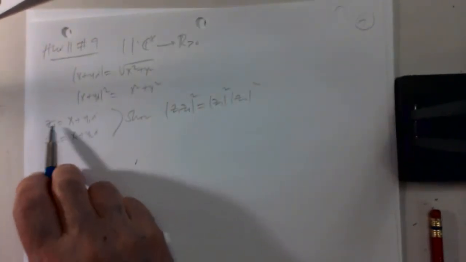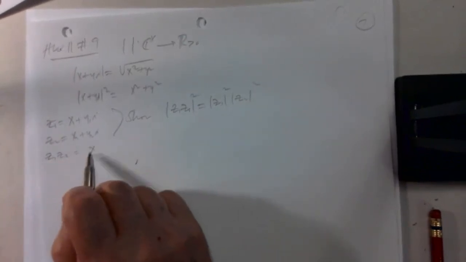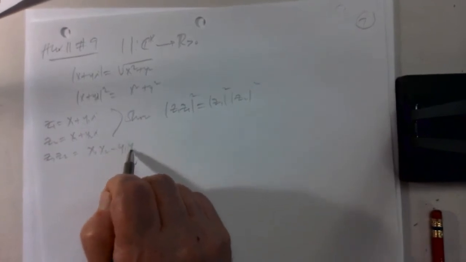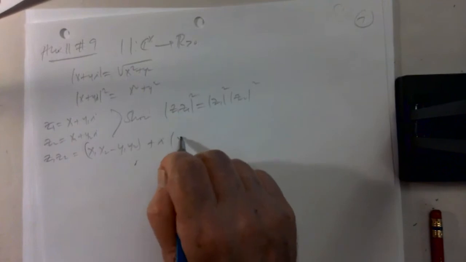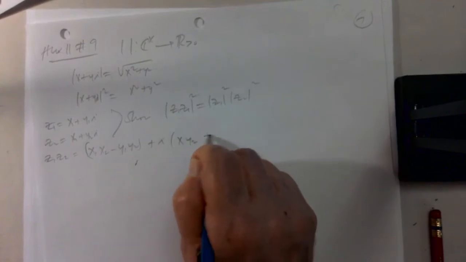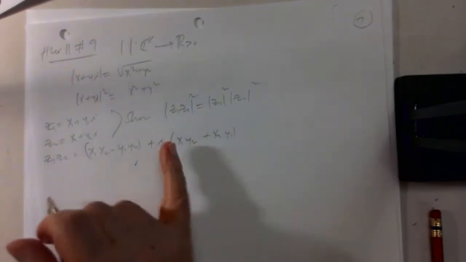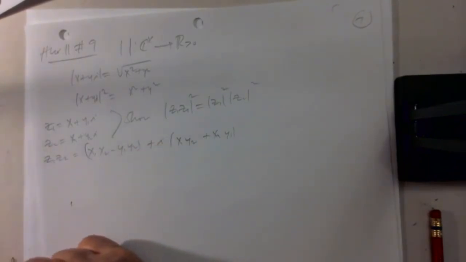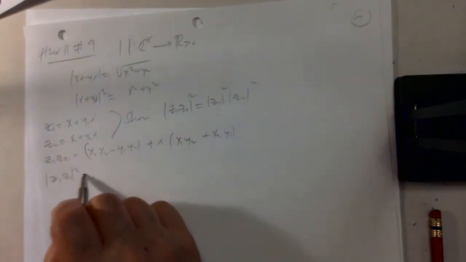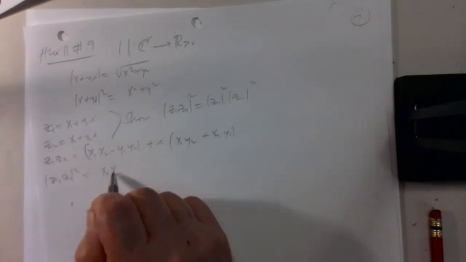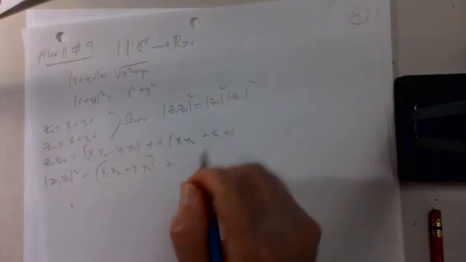So this is z1 and this is z2. What is the product? It's x1 x2 minus y1 y2 plus i times x1 y2 plus x2 y1. That's z1 z2. So what's the absolute value of z1 z2 squared? It's this squared plus this squared.